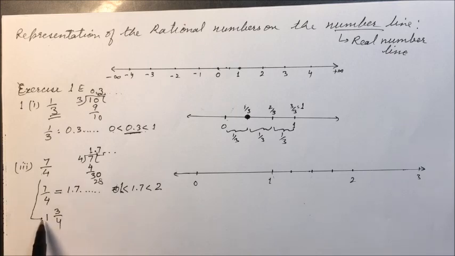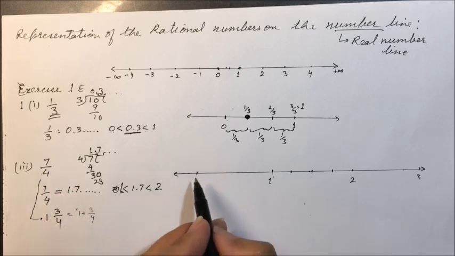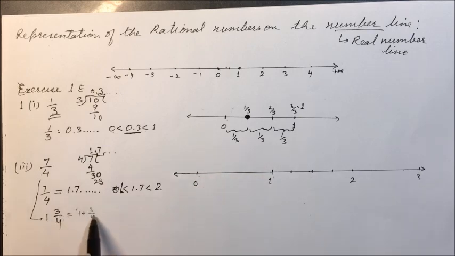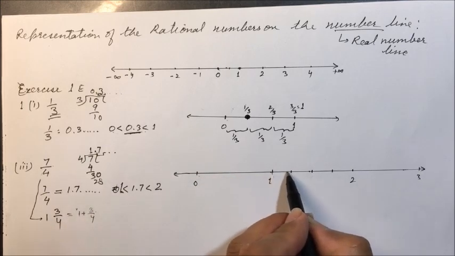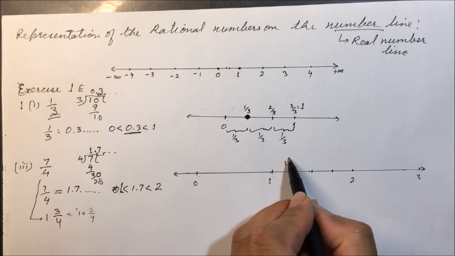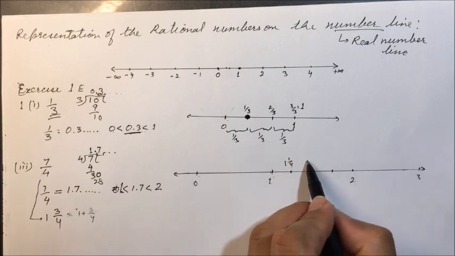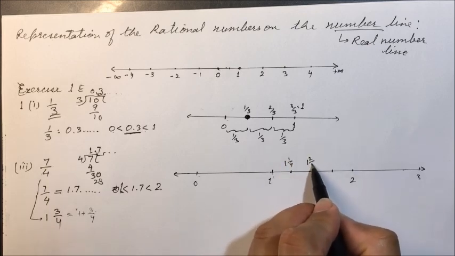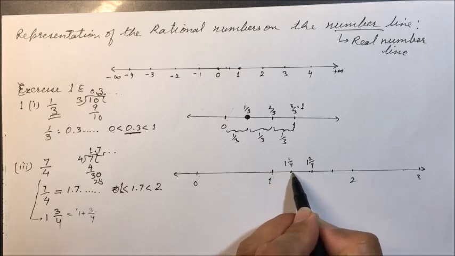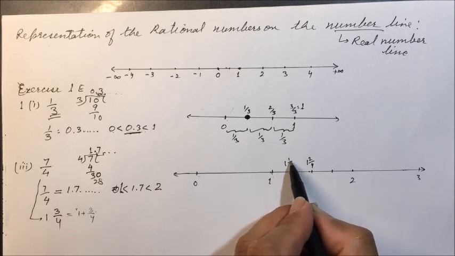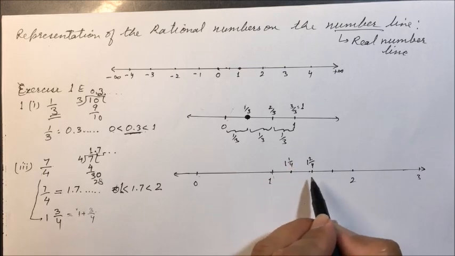4 into 1, 4 plus 3, 7 by 4. Again we get the same. And we can represent it as 1 plus 3 by 4. That is, after 1 you have to add 3 by 4. So it is 1 by 4 we have added to 1. 1 plus 1 by 4 is 1 1 by 4.